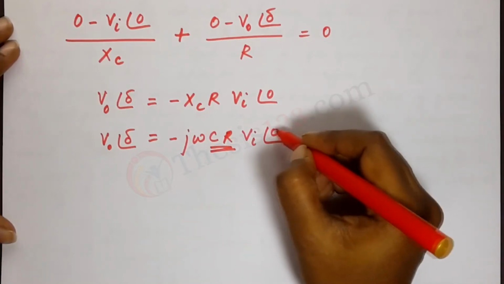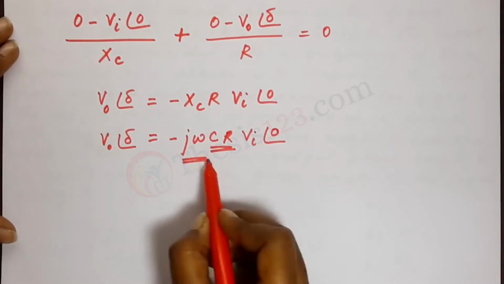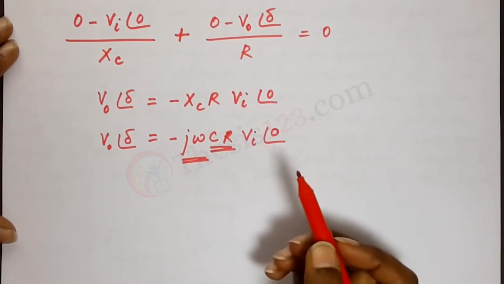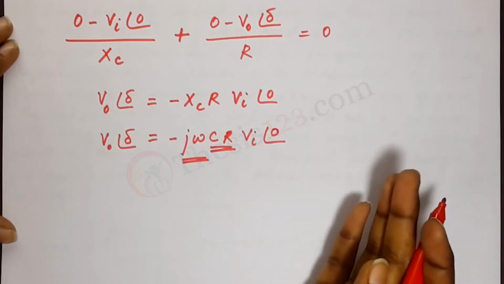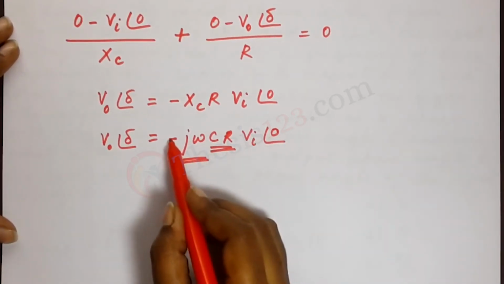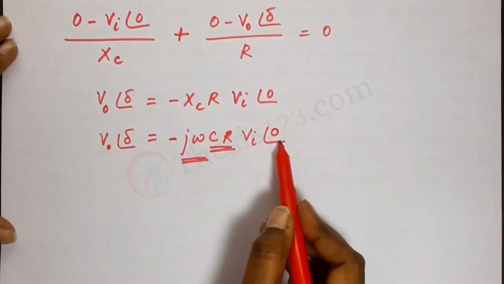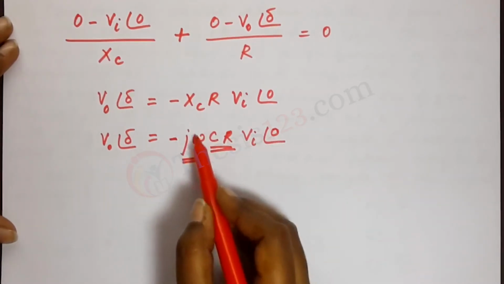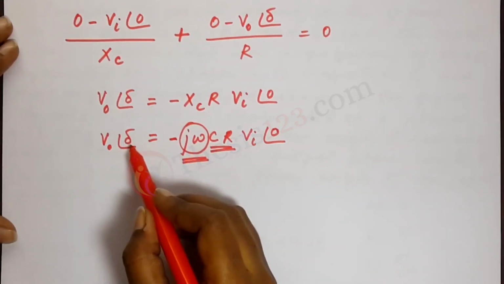Now if the input is 0, the frequency here, omega, which is the angular frequency, is 2 pi f. So there is a certain difference in terms of delta and 0. Now because we have minus J omega here, this determines what the value of delta would be.